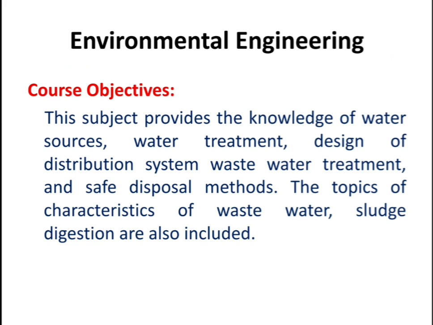After usage, that water becomes wastewater, and there are different methods used to treat wastewater and different methods of safe disposal of wastewater. And the next one is air pollution. This is the main objective of this course: to provide knowledge about all these topics. You can see the topics of characteristics of wastewater and sludge digestion are also included.